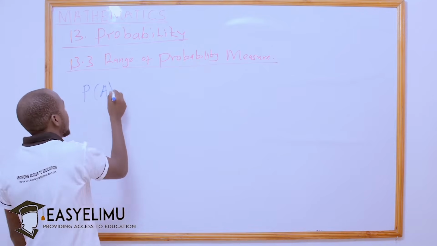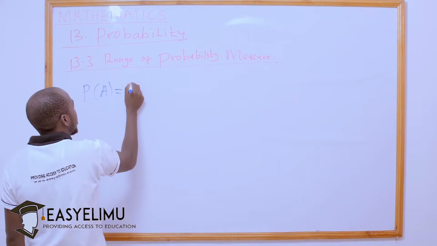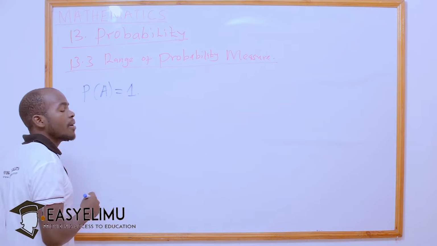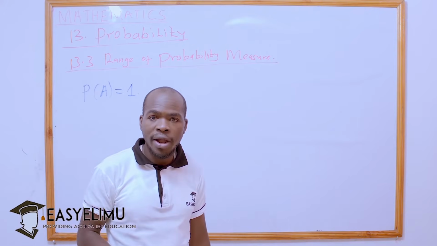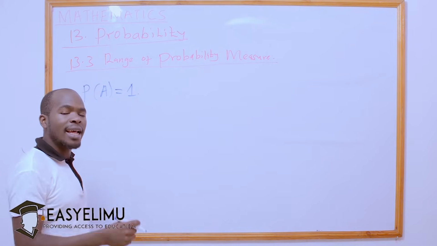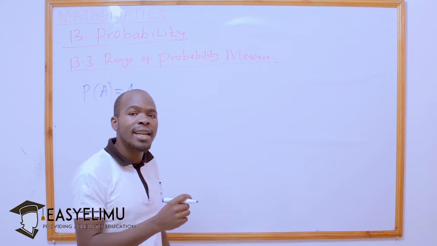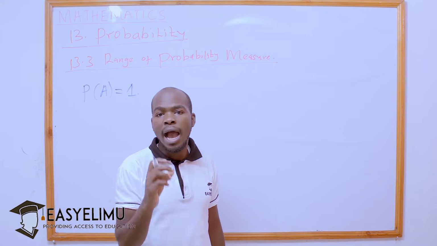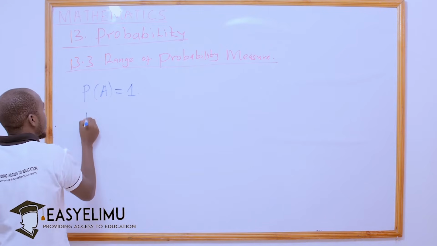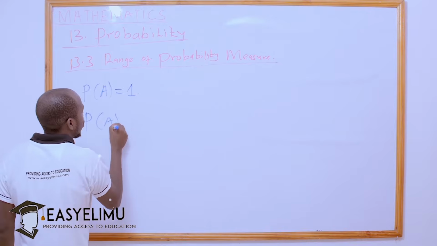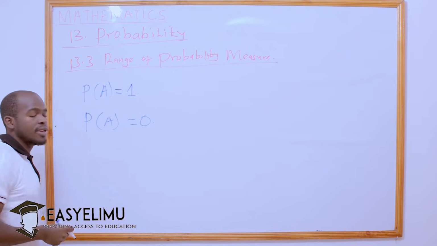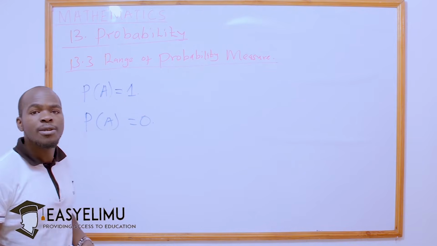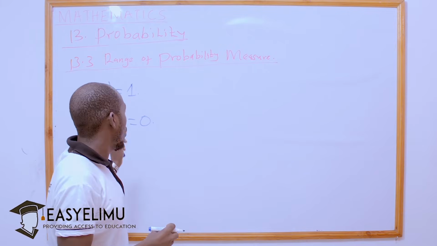If that is the case, then its probability of happening must be equal to 1. And in case of another event, we are just certain that that event is impossible. It cannot happen. So if that is the case, then the probability of that event occurring, we shall have it as 0, because it is impossible for that event to occur.